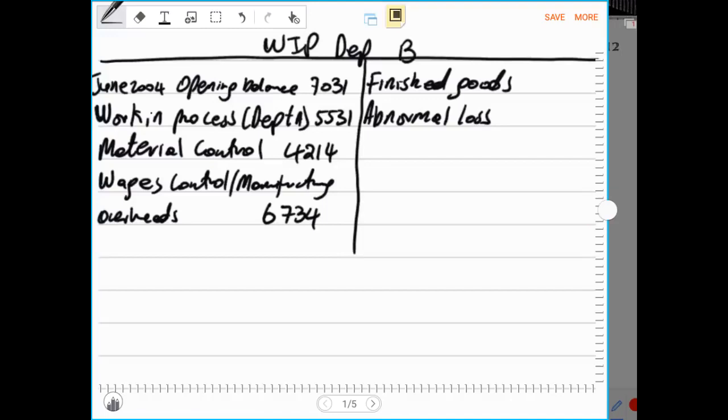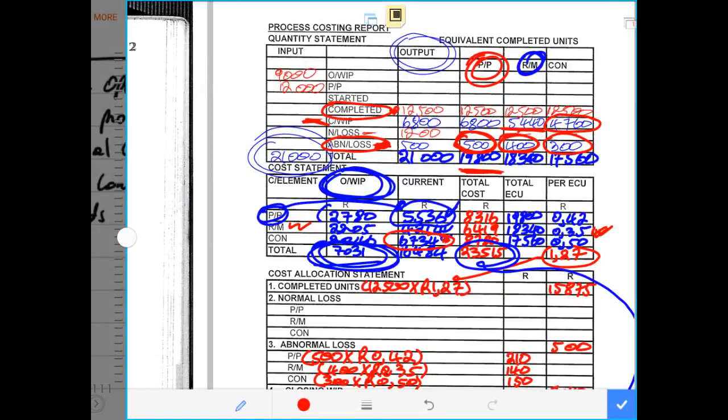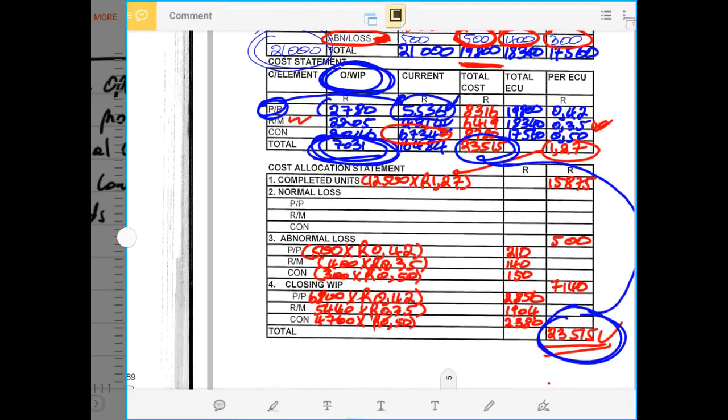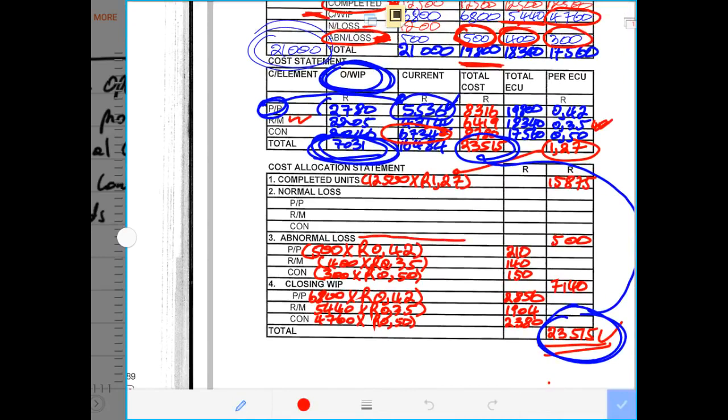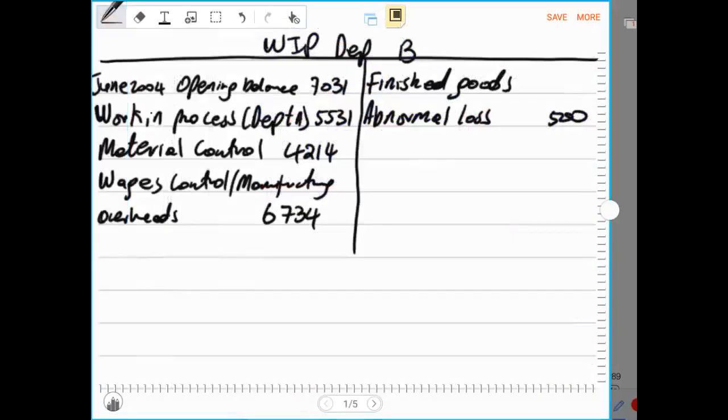Our abnormal loss, the total cost of the abnormal loss, was 500 rands. And the completed or finished goods are 15,875. The minute you record all of this, you know that you are done with this ledger account.